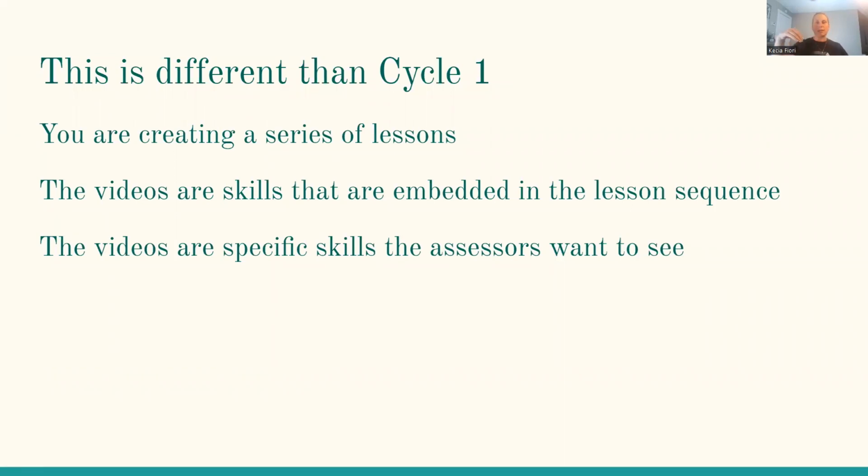You are creating a series of lessons. Within those lessons, you are going to model some specific skills that you are going to record. Where cycle 1 asked you to kind of show how your instruction was happening, in cycle 2, you're focusing on how you're using assessment. So one thing that you're going to do is academic vocabulary.